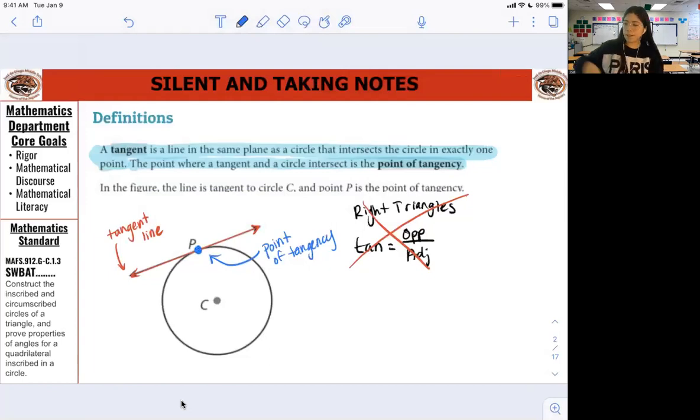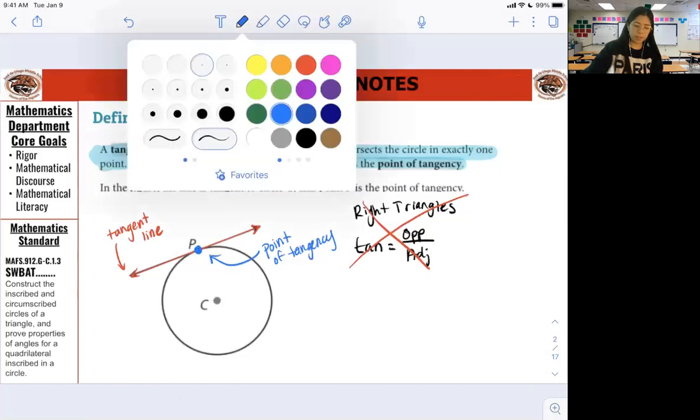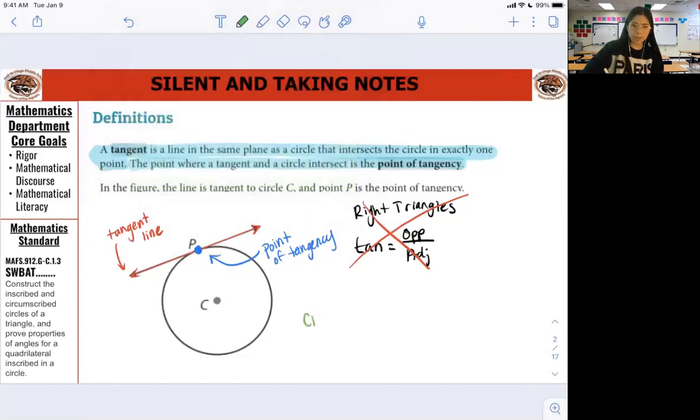Anyone still need a moment to copy? Okay, keep copying. And good question, Tyrone: is the tangent line also a chord? No, because a chord, that's a really good point. How many times does a chord touch the circle?